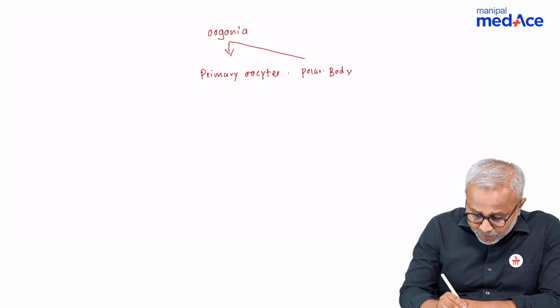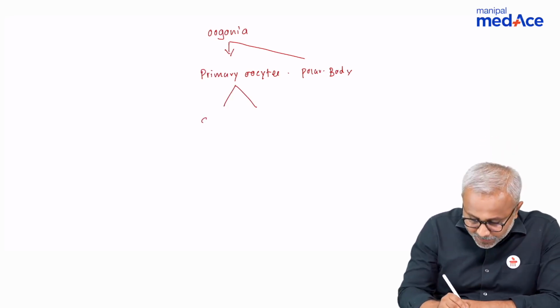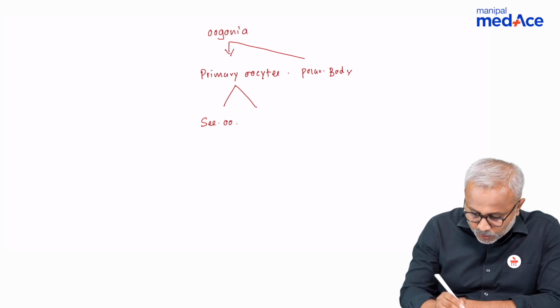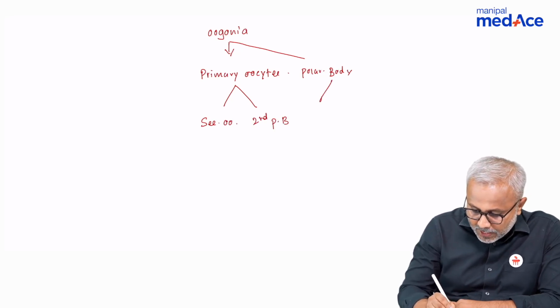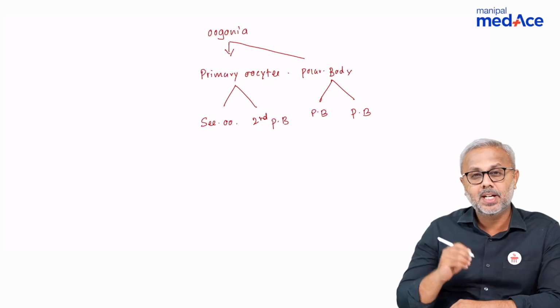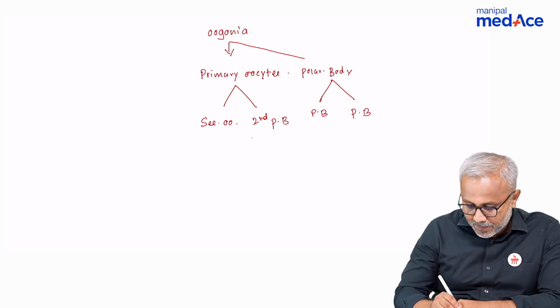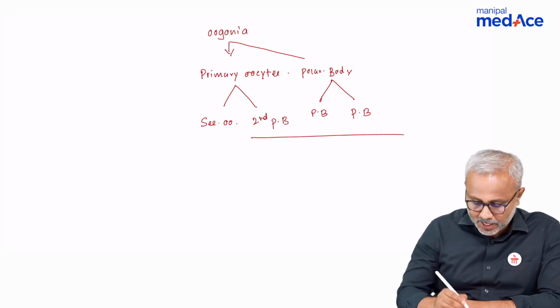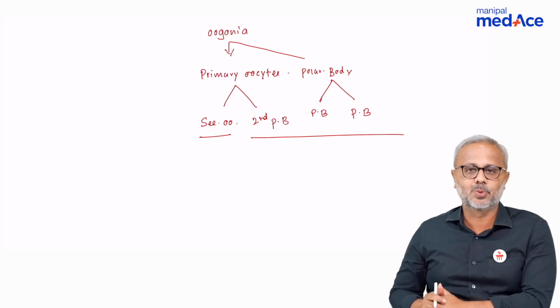Now these primary oocytes will further undergo subdivision, giving rise to the secondary oocyte and the first polar body, whereas even this will undergo subdivision, giving rise to polar bodies. So at the end of oogenesis, we have about 3 polar bodies and then 1 secondary oocyte.